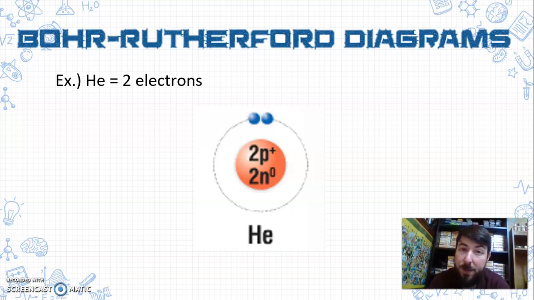So if we know the mass is 4, and we know that there are 2 protons, then we know that there has to be 2 neutrons as well. When you're making the Bohr diagrams, you always want to put the number of protons and neutrons in the nucleus. It's just a little bit of simple subtraction, so it's not too difficult to figure out.